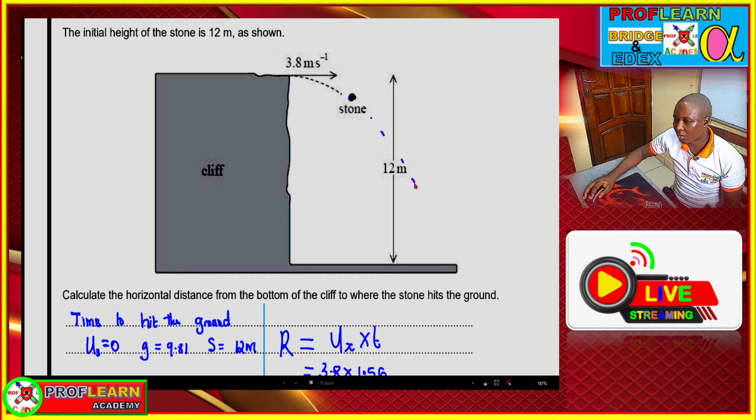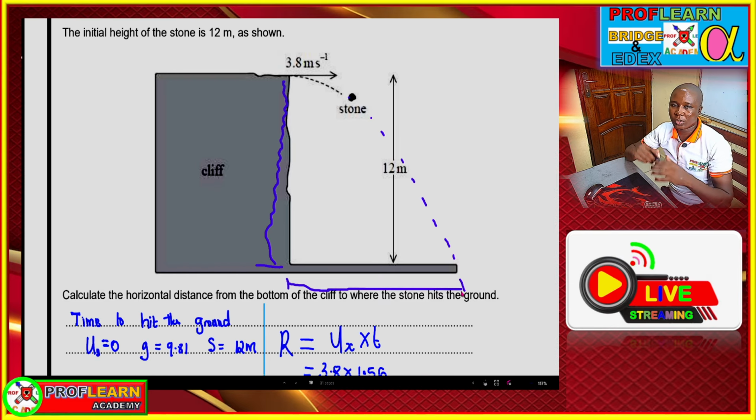Because the object is going to follow that trajectory, what we need to understand is that the time the stone takes to cover this particular height is the same time it's going to cover the range in that particular direction.